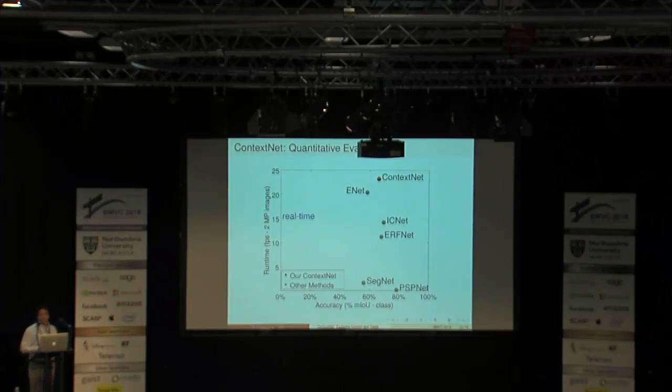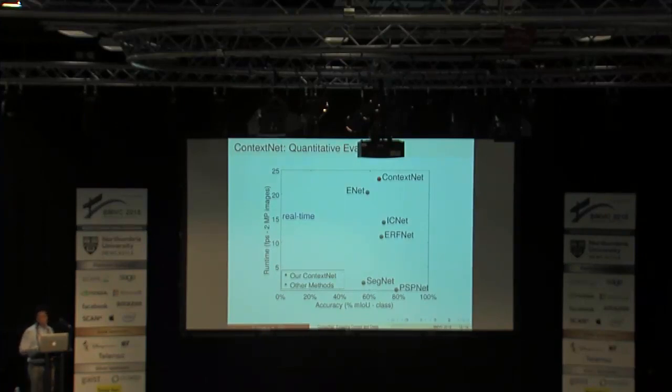And these are our quantitative results. I told you PSPNet is faster than other state-of-the-art methods, but it still takes more than 1 second for large images. But accuracy is quite high.